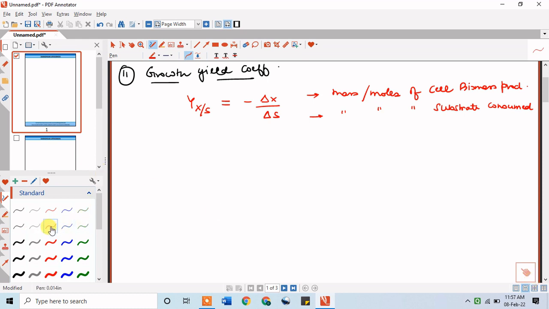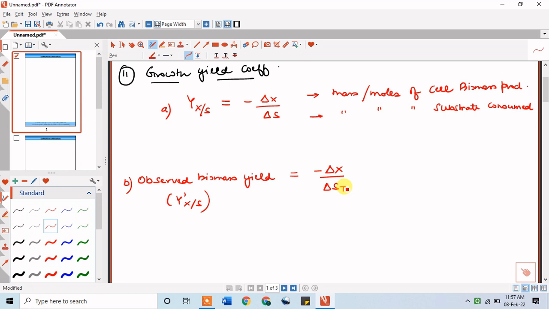Another similar type of parameter is observed biomass yield. So what is this? इसको दिखाने के लिए Y prime x over s लिखते हैं, and this is given by negative delta x upon delta St.